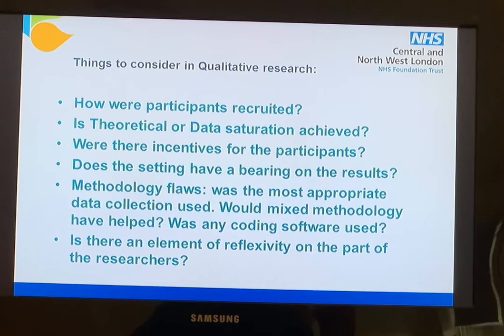In qualitative research, although you don't need a giant group of participants, an ideal qualitative study does require data saturation, when no new data strands or no new concepts are arrived at.